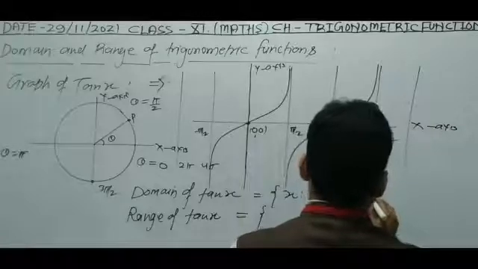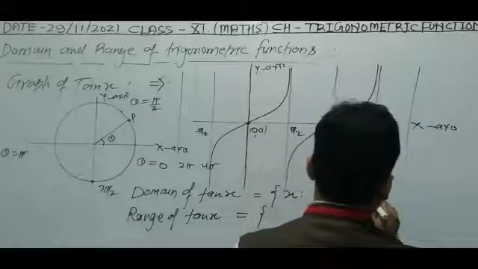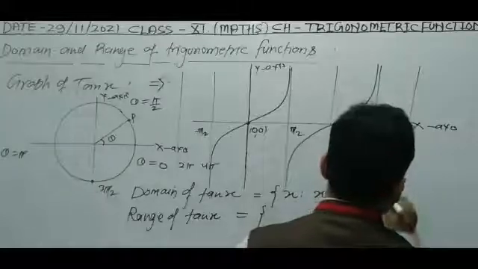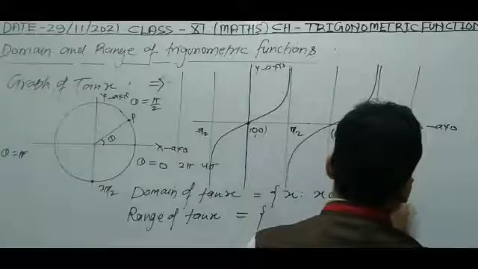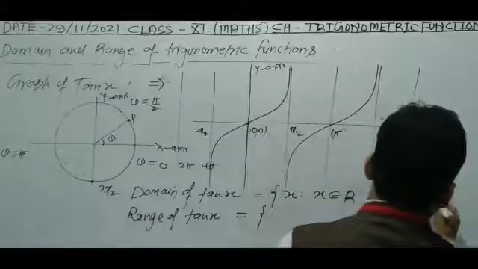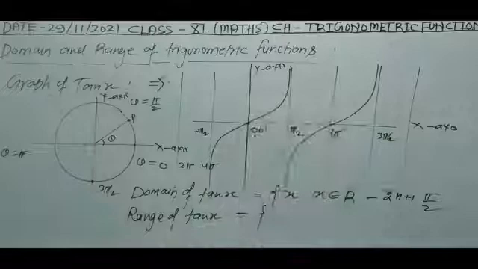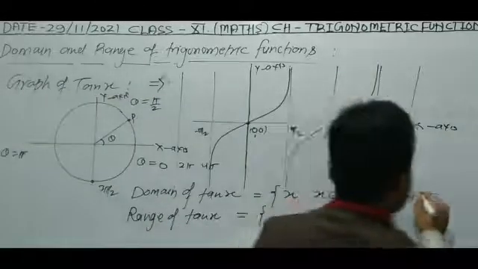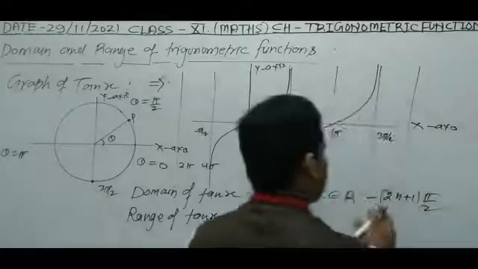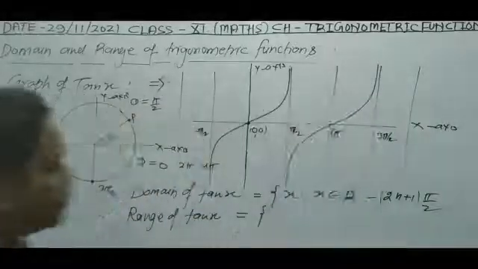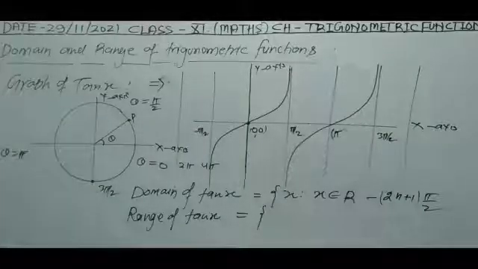So we can write (2n plus 1) pi by 2, where the function is not defined.